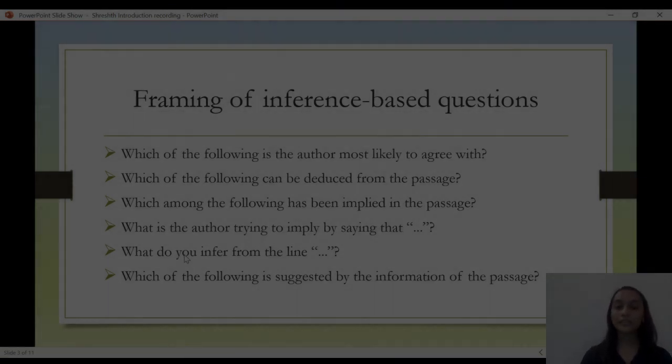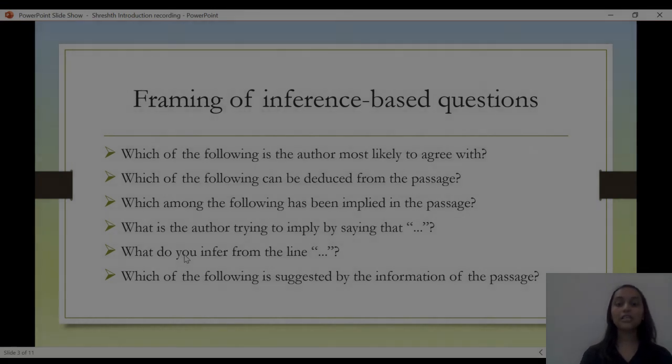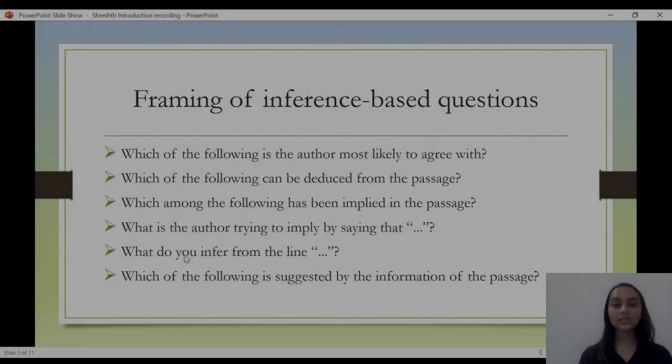Which among the following has been implied in the passage? What is the author trying to imply by saying that? And a line from the passage would be quoted. What do you infer from the line? And a particular line would be quoted. Which of the following is suggested by the information of the passage? So you'll have a couple of options following this, and you would have to select the most appropriate option.